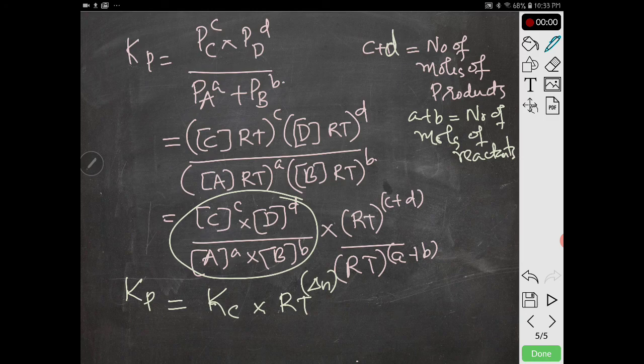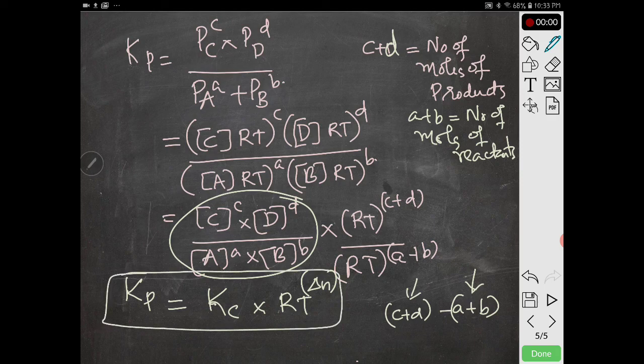It is c plus d minus a plus b. a plus b is the number of moles of reactants, and c plus d is the number of moles of products. So you got a relation right now, that is Kp is equal to Kc into RT raised to delta n. It is a very important equation, you have to note it down.